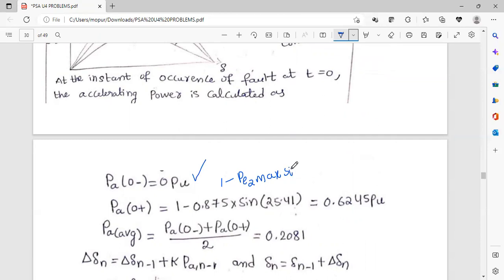Del naught we had obtained as sin inverse of PM divided by PE1 max.